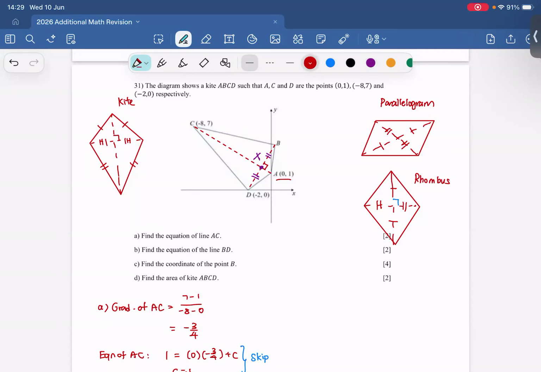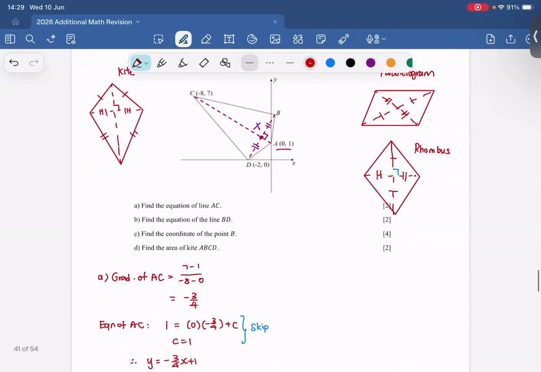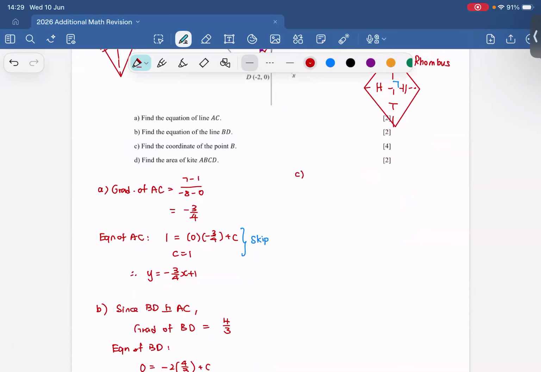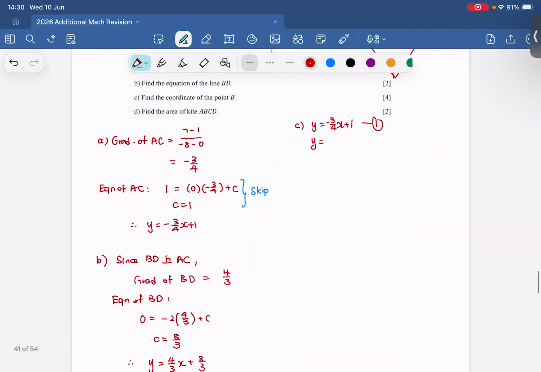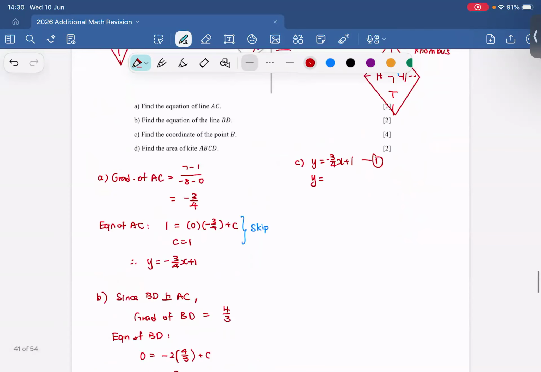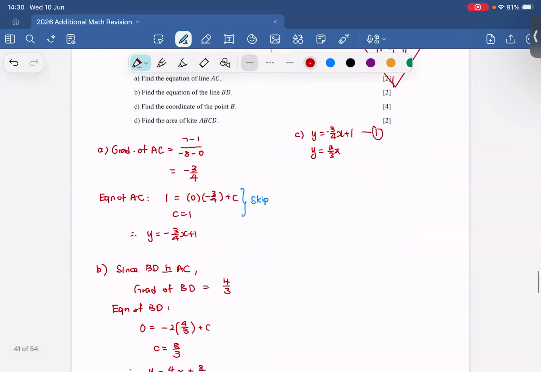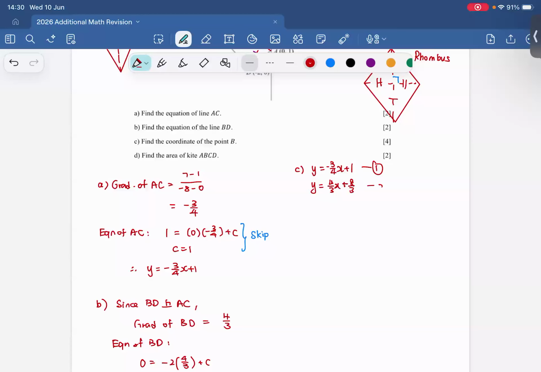Okay, so let me continue now. So to find the point X, I would write y equals to negative 3/4 x plus 1 be my equation 1. y equals to 4/3 x plus 8/3 be my equation 2. So sub 1 into 2 or sub 2 into 1 doesn't make any difference.